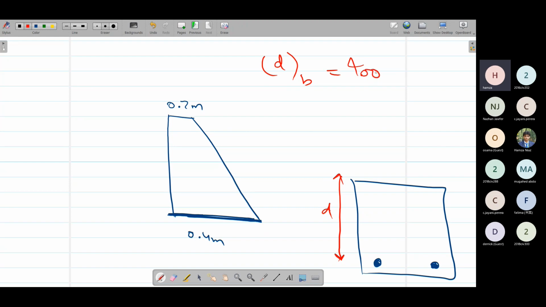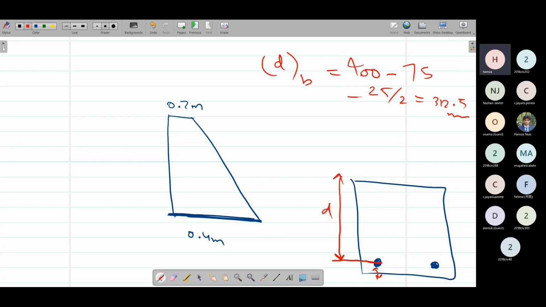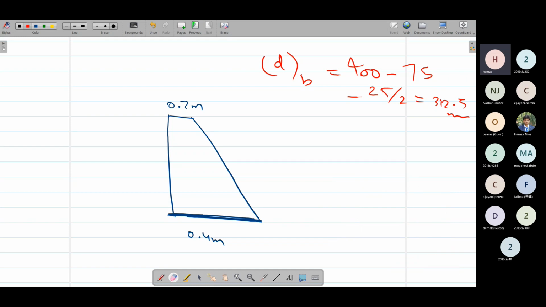This is 400 millimeters minus the clear cover. For clear cover in a retaining wall, we use 75 millimeters, minus the half diameter of the bar. We are taking a 25 millimeter bar, so 25 over 2. That is 312.5 millimeters. Okay, this is the D value at the bottom of the retaining wall, the bottom of the stem.